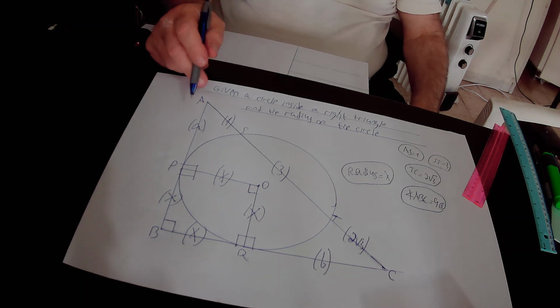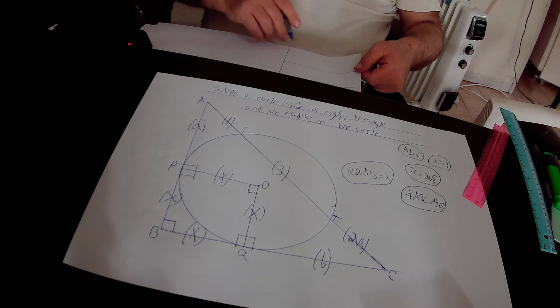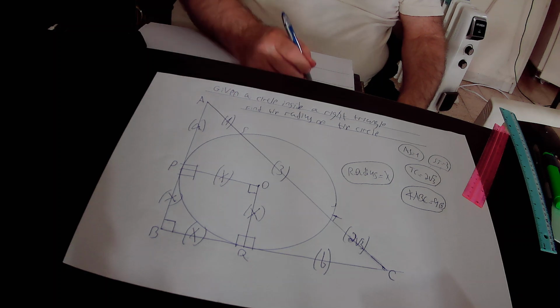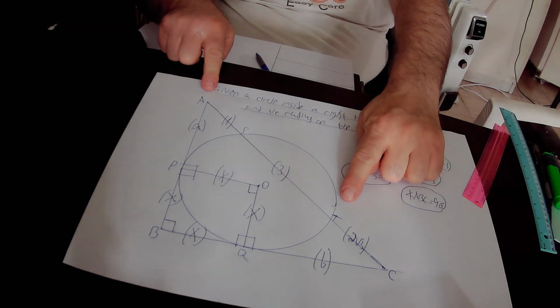So AP equals A, therefore AP square equals A square. And it must be equal to AS, which is 1, times AT. From the drawing it is very easy to see that AT equals in total 1 plus 3.